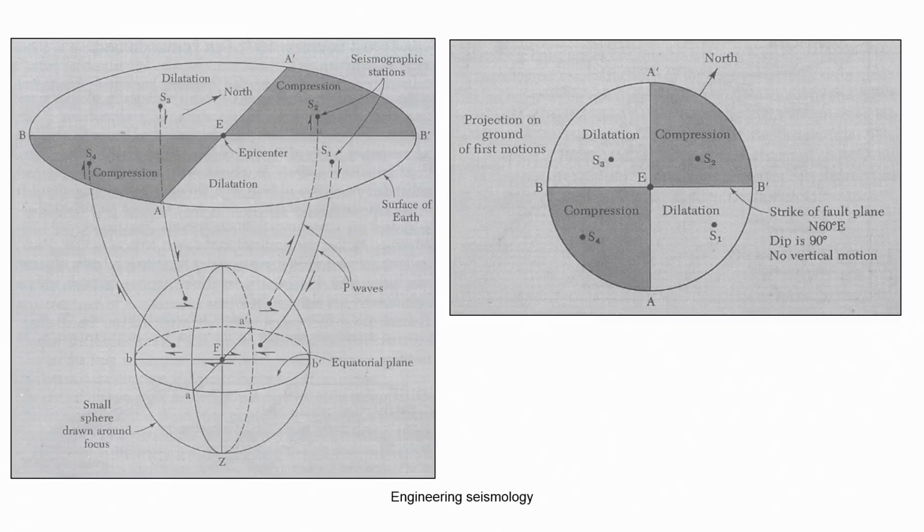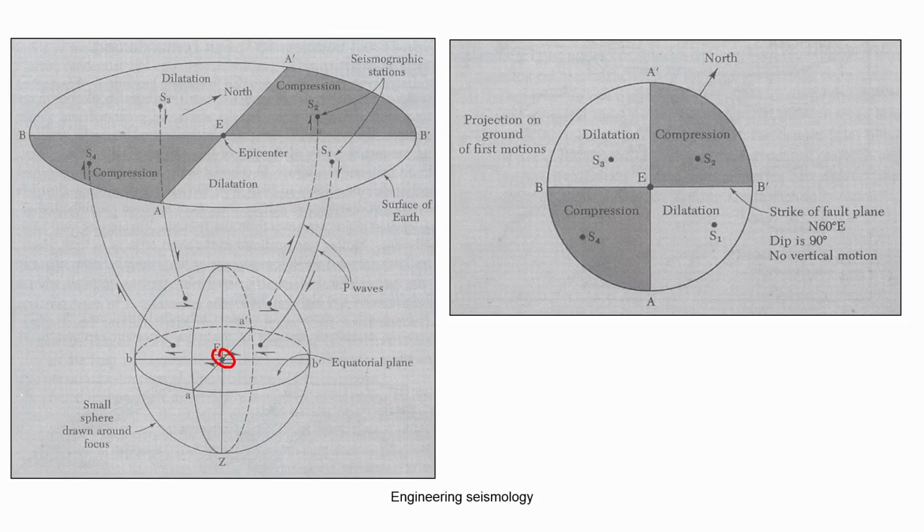As I told you, you need a minimum of 3 stations to find the location of the earthquake. Not only 3, there will be a large number of stations recording it, depending upon the energy released at this point. A station will record a compression or a tension. Tension is called a dilation, and compression is called a compression. Here the compression is represented as positive and tension as negative.